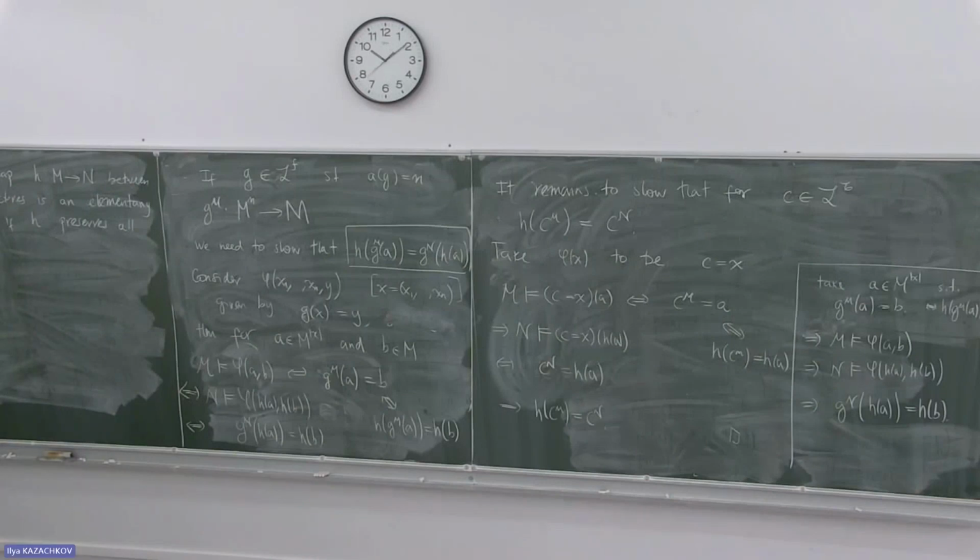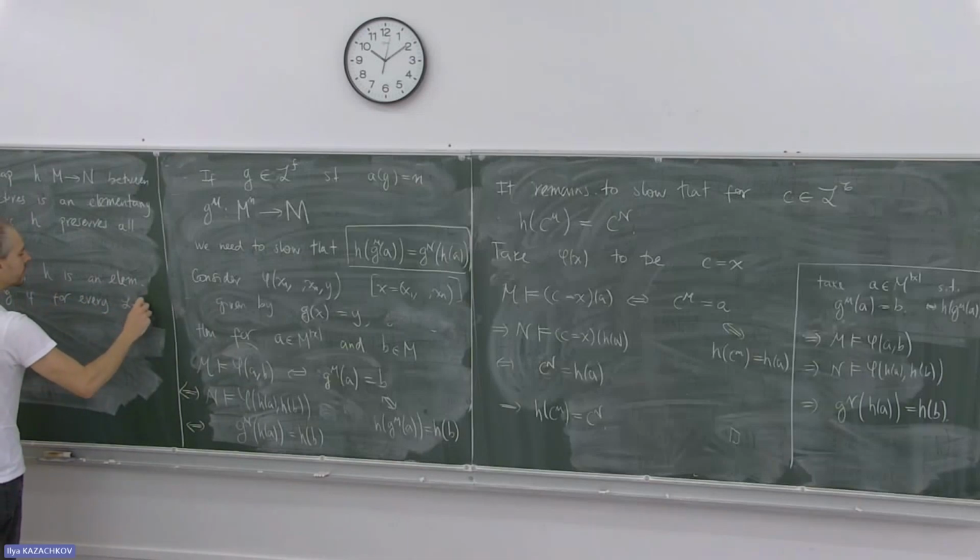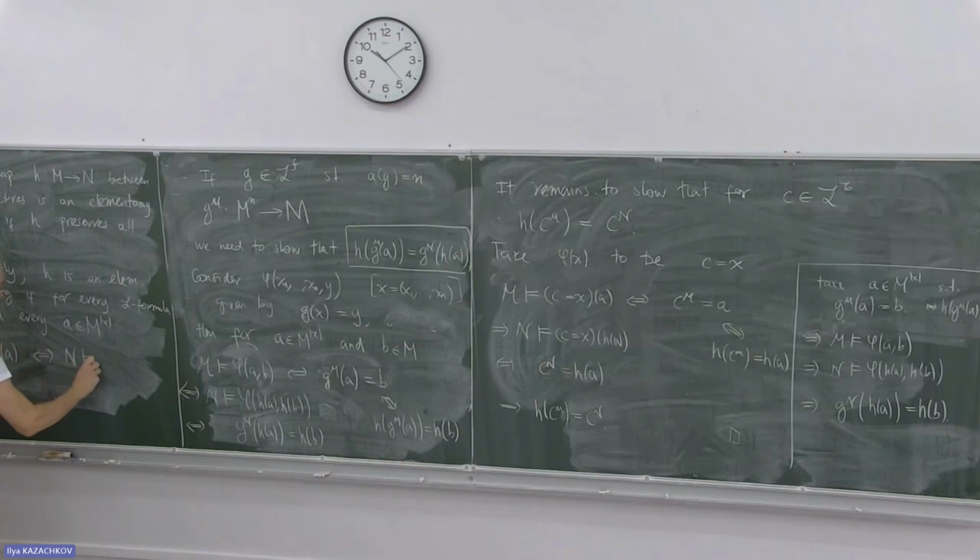Okay, and the observation, perhaps this is worth saying, equivalently, h is an elementary L embedding if for every L formula phi of x, and every a, an element of the right Cartesian power of M, we have that M satisfies phi of a if and only if N satisfies phi of h of a, right?